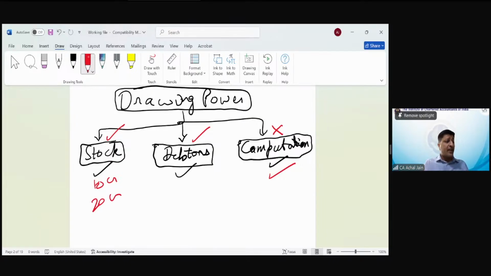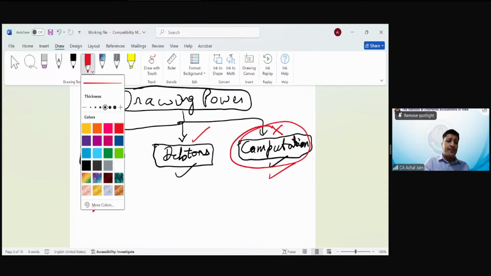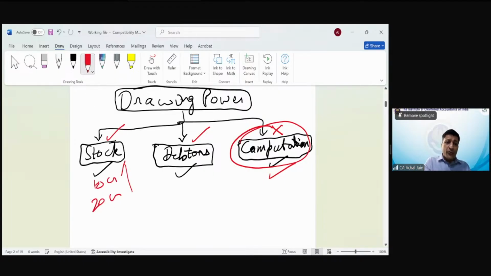So that's why the bigger concern for the auditor would lie not in case of computation, but in case of the value of these stock and debtors. So that's where the auditor needs to focus and apply his audit procedures.